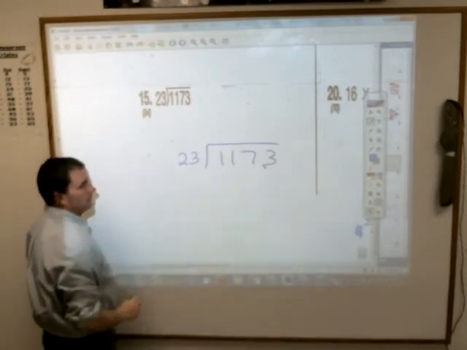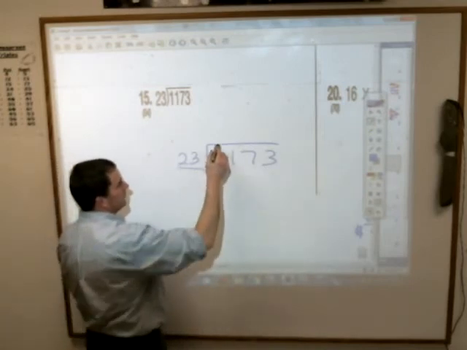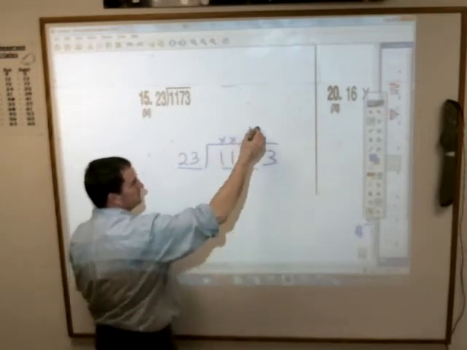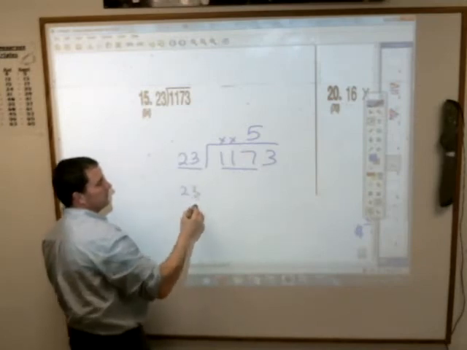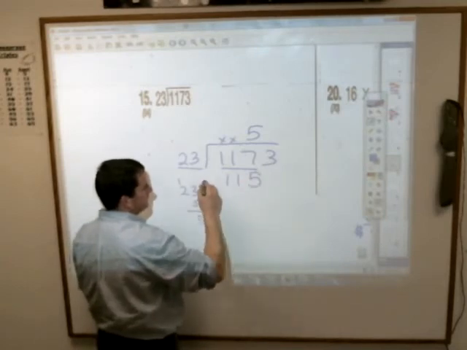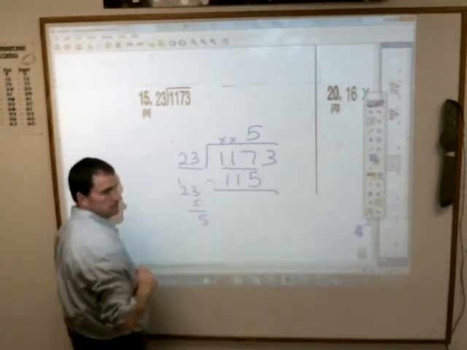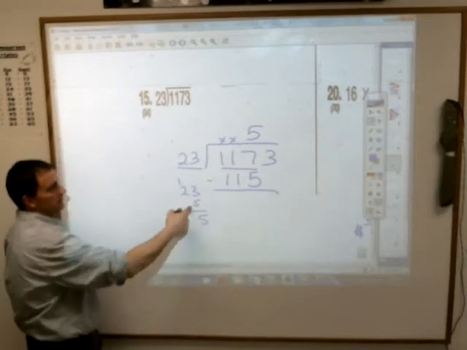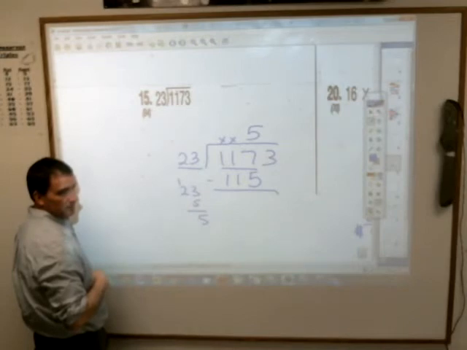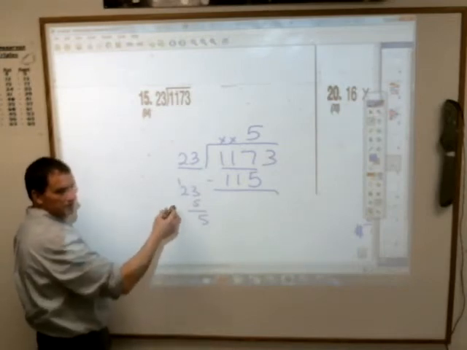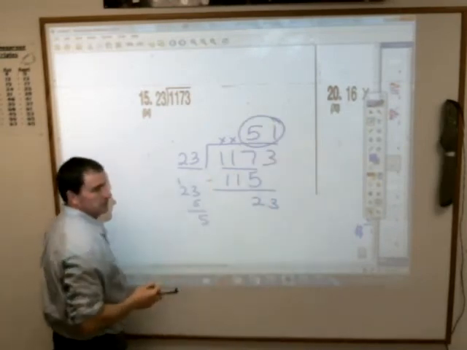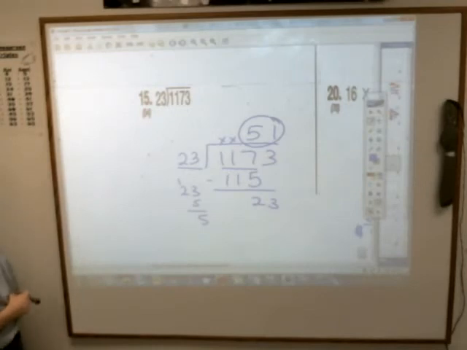Alright, so 23 doesn't go into the 1, it doesn't go into 11, so you're saying it goes 5 times into this, right? So 5 times 23, if you do that off to the side, is 115, correct? 5 times 3 is 15. Do you see why it's 115? And then when you subtract, you get 23, and it works out nice and even.